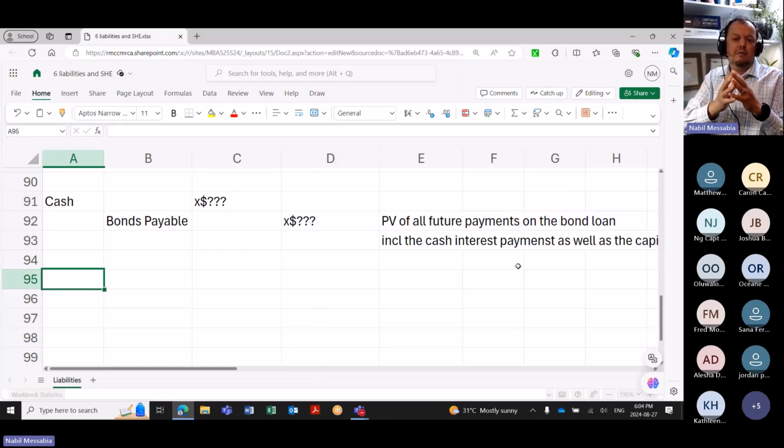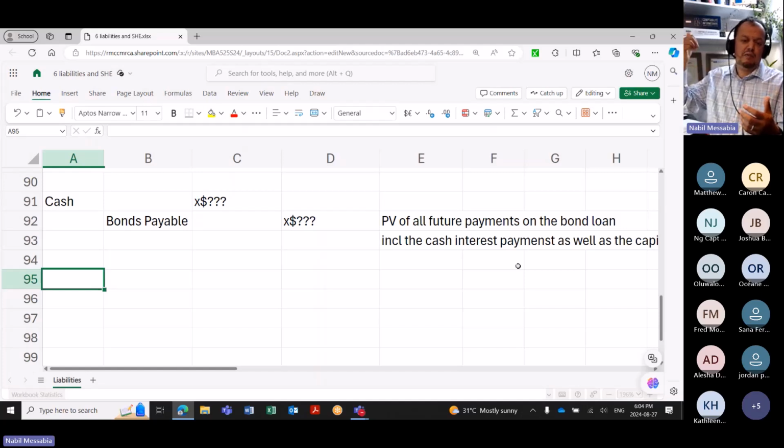So what does it mean here? I don't need two separate present value formulas. They can be combined at once, because if the principal repayment day is the same as the last interest payment, one single formula is enough.